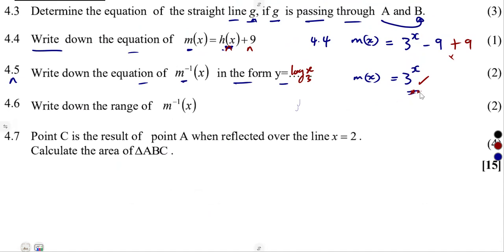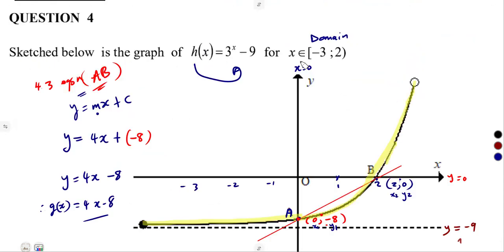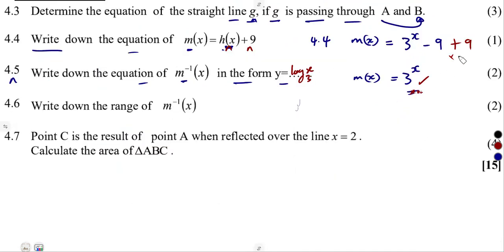This is our m(x), which was a transformation from the original graph, this one. We shifted the graph. If we say plus 9, we are shifting the graph up. So shifting the graph up or down, if we shift the graph up, the same effect can also happen when it is going down.